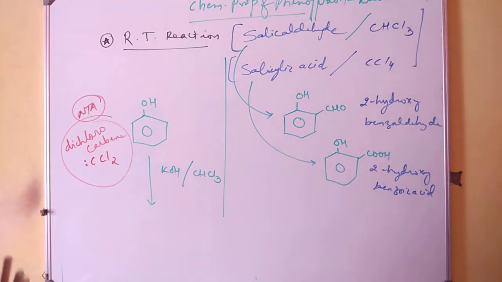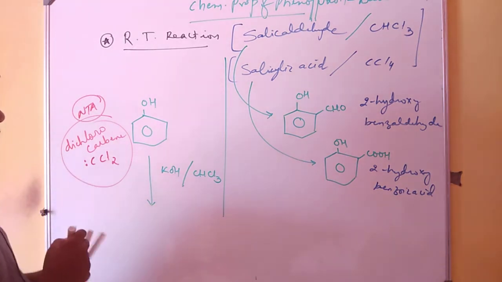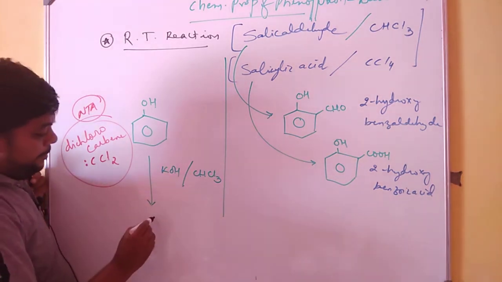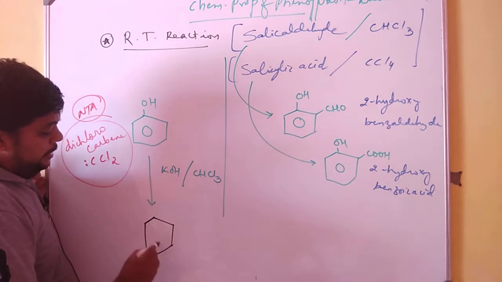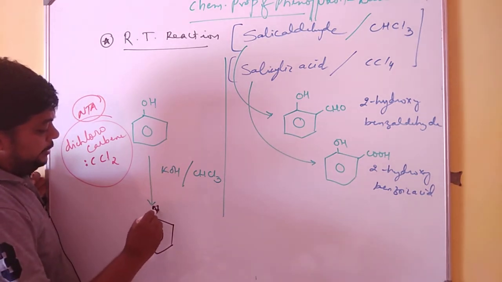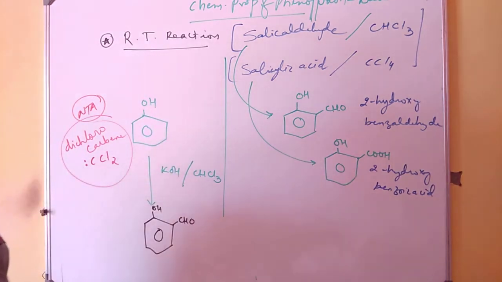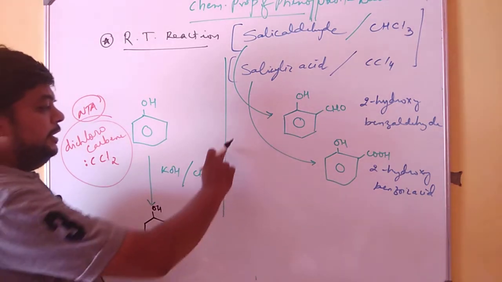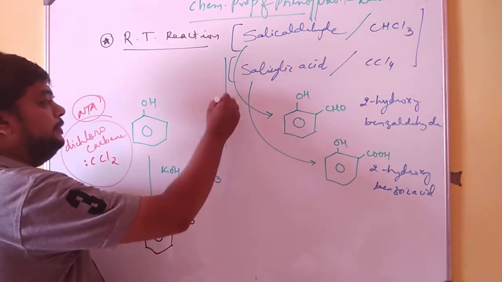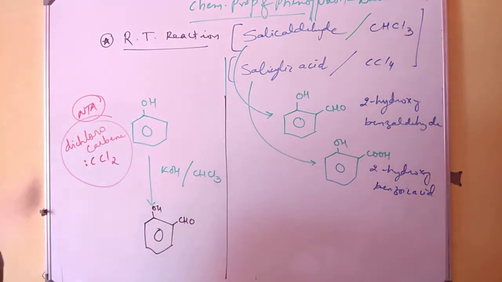So over here, when such an intermediate is formed, you always end up in a two-step reaction resulting into salicylaldehyde, that is 2-hydroxybenzaldehyde or orthohydroxybenzaldehyde. Simply mentioning this is a part of Reimer-Tiemann reaction.